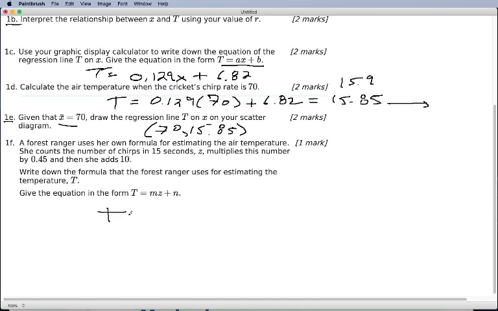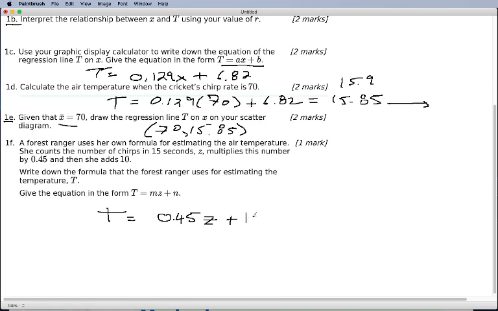Her formula is temperature is equal to the number of chirps in 15 seconds, Z, multiplied by 0.45, so 0.45 times Z, and then she adds 10.